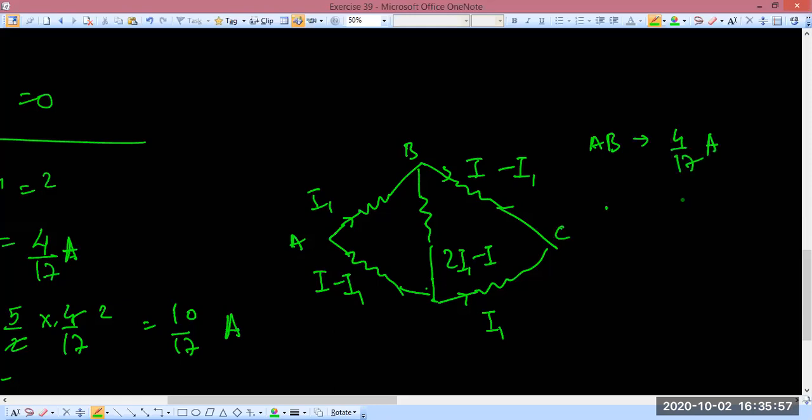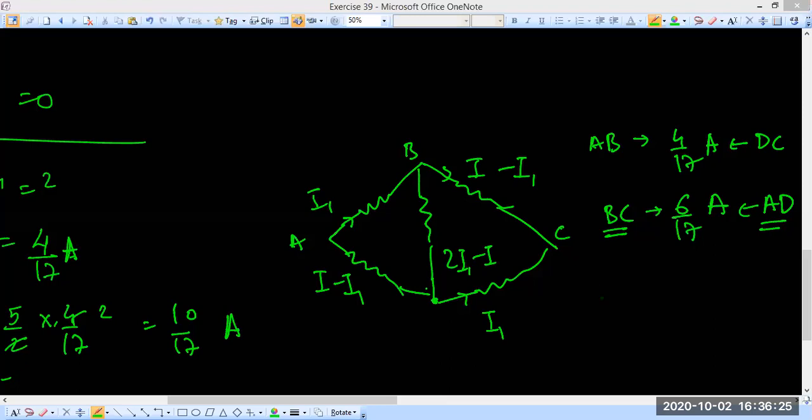So this is AB, and the answer for AB is 4 by 17 ampere. Now BC, BC's answer is I minus I1, so I minus I1 is 6 by 17 ampere. And AD's answer will also be the same, and AB and CD's answer, or DC's answer, is going to be the same.